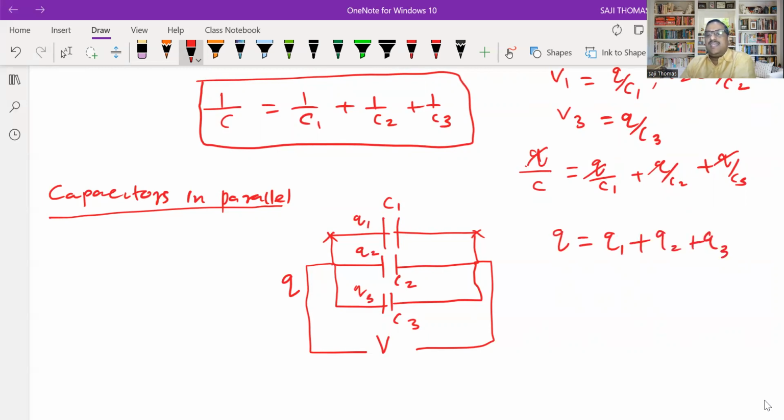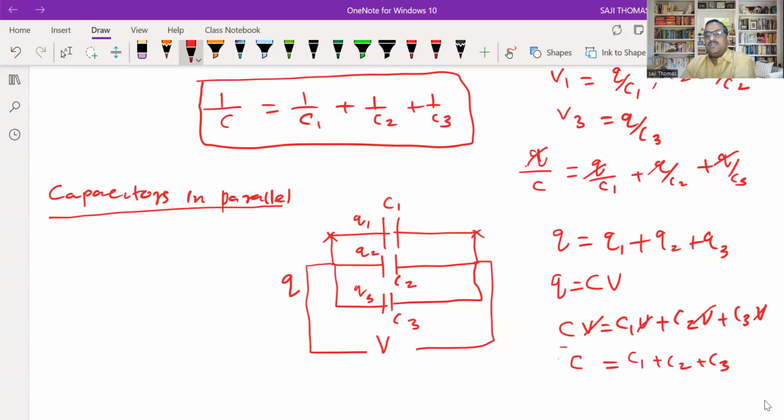And Q you can write as CV, where C is the equivalent capacitance. So we can write CV equals C1V plus C2V plus C3V. You cancel all V. You will get C equals C1 plus C2 plus C3.